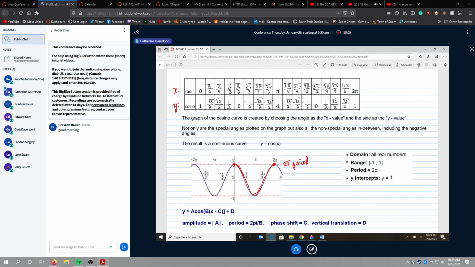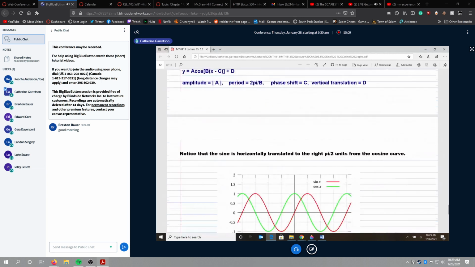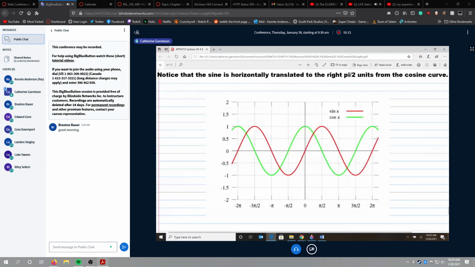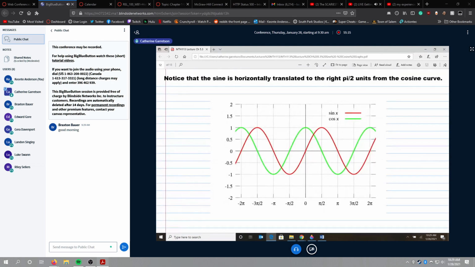And in fact, I'm going to go forward and show you another graph, and I'll come back to that. The only difference between the sine and the cosine is that one is a horizontal phase shift from the other.